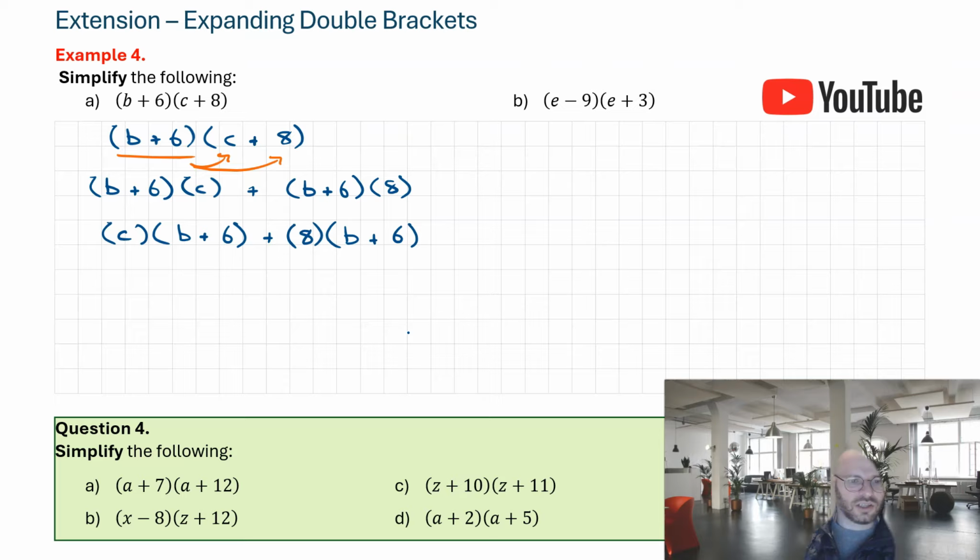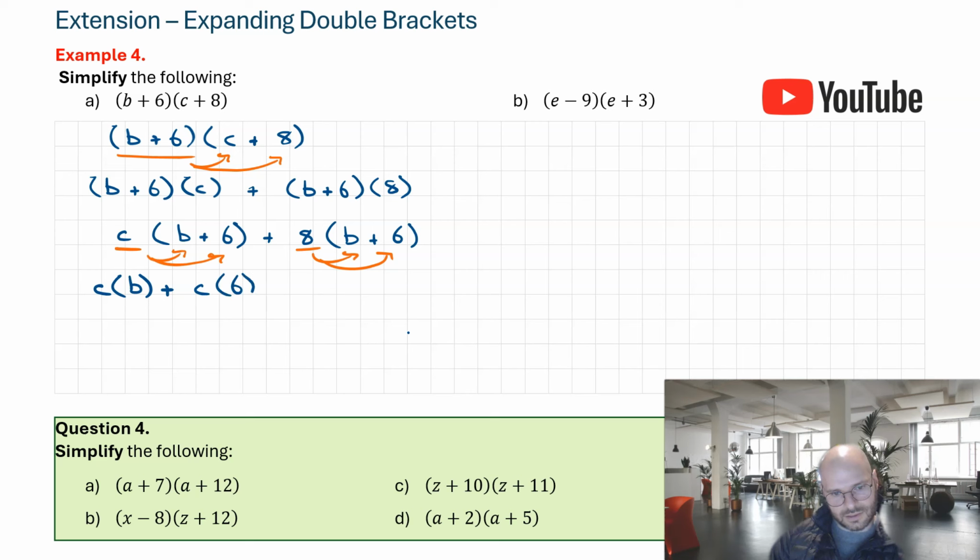And then remember, I don't really need the brackets if it's a singular product inside. So now, my product outside is c, and then inside it's b plus 6. And then outside here it's 8, and then that's going to imprint on b plus 6. Okay, simplifying this out, I get c, b, plus c, 6, plus 8, 6.